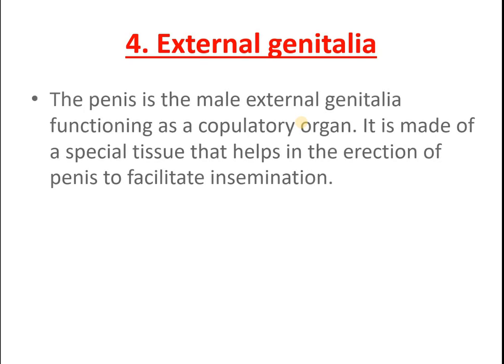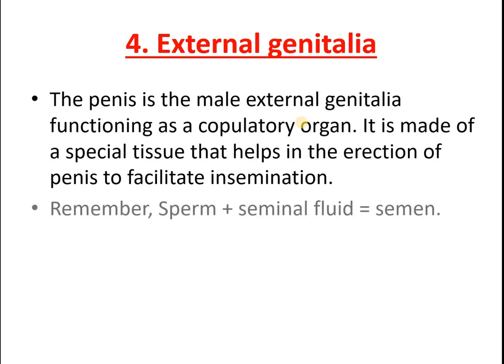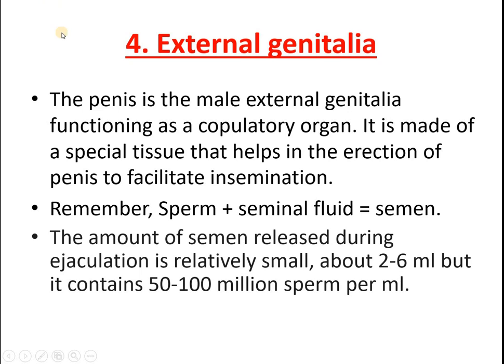Then external genitalia, already we studied in single term, that is the penis is the external genitalia, which is very important to transport the produced sperm. Already you know sperm plus seminal fluid is equal to semen.